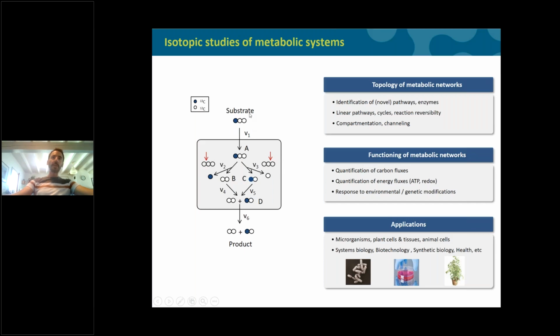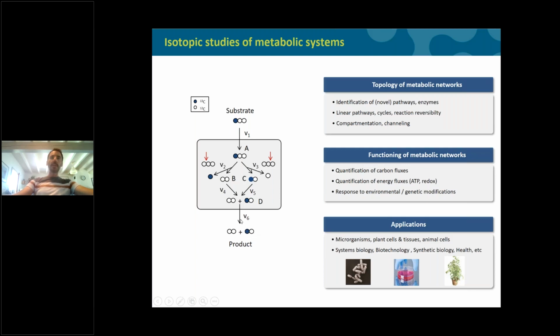And if we use a substrate which is labeled, for instance, in position 1, the blue dots here, if it is processed through the first pathway, we will have the decarboxylation of the C13 atom, and we will end up with a product which is unlabeled. If the substrate undergoes the second pathway, we have a conservation of the isotopic content, and we will end up with a product which is labeled.